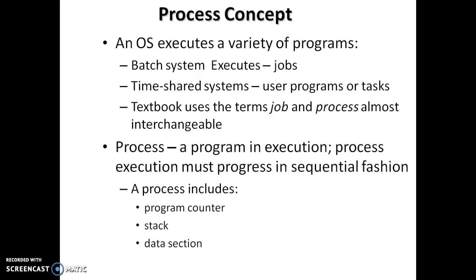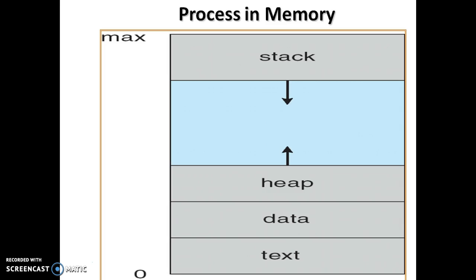That means when a process is going to execute, it needs to execute in a sequential manner without any interrupt. All processes include a program counter, stack and data. When we treat a process in memory, it looks like this, starting with the size of 0 to max.